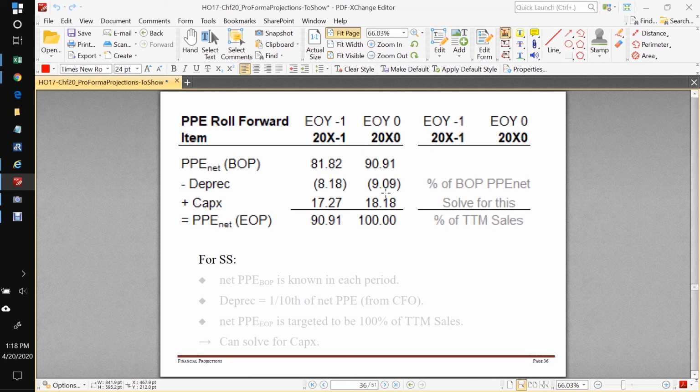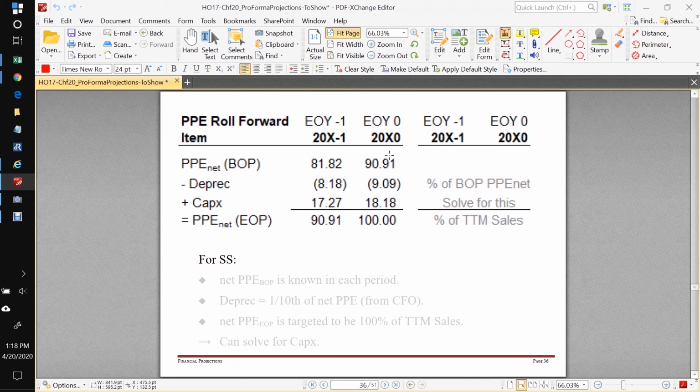My depreciation, remember 10-year average life of all their PPE, so it'll be 10% of beginning of year net PPE, and their target for PPE at the end of the year to make sure they have enough to keep up with all the new machines they need for baking and mixing and packaging and all that stuff is they want at the end of the year their net PPE to be equal to 100% of TTM sales.